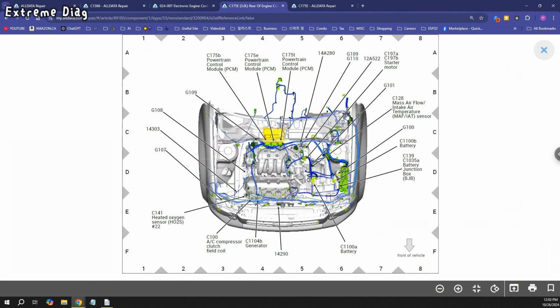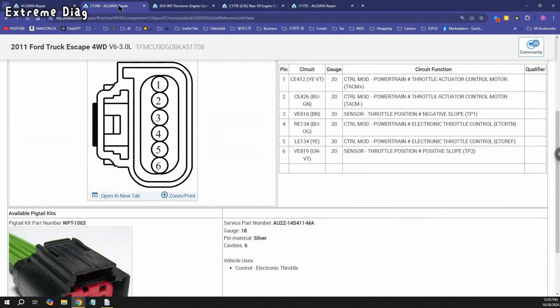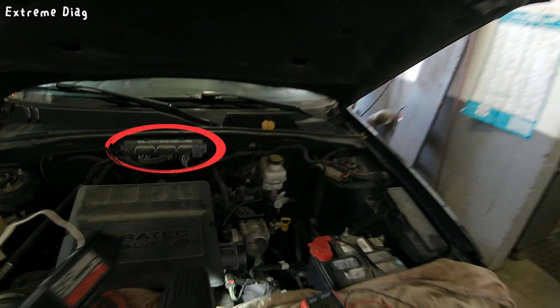We'll disconnect this connector, turn the key to ACC mode, and check if we get voltage at TP1, which is pin 3, and TP2, which is pin 6. This is the PCM, the computer that controls the engine. And we'll disconnect the middle one of the 3 connectors.